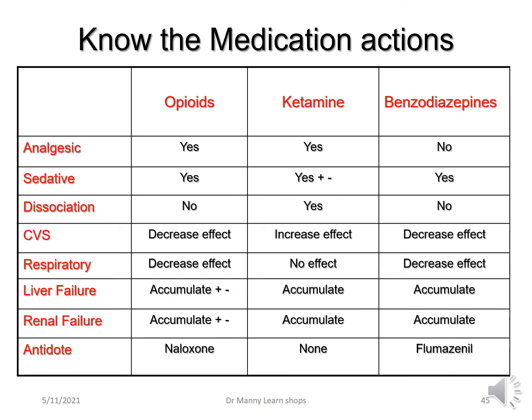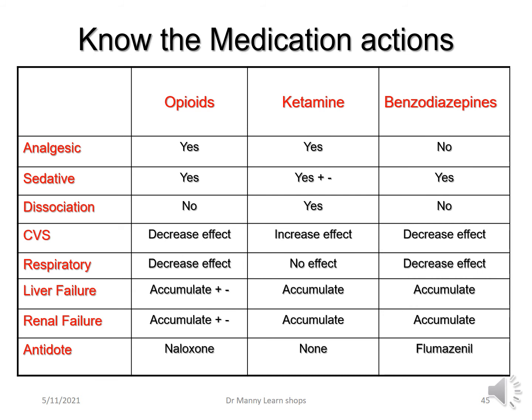Does it affect the cardiovascular system? Opioids can have an effect on your cardiovascular system. Hypotension, tachycardia. Ketamine, well, again, it's the reverse. It can have an increased effect. Hypertension, tachycardia. Benzodiazepines can decrease the effect. Hypotension, maybe bradycardia, maybe tachycardia.